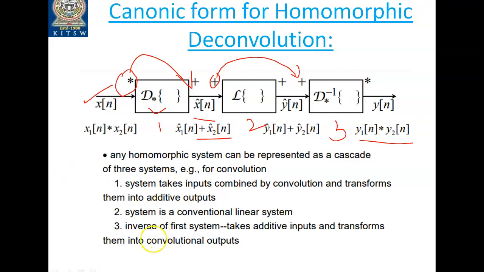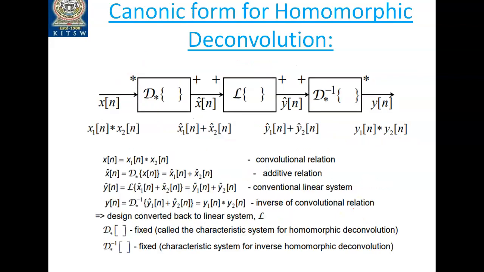The first system takes inputs combined by convolution and transforms them into an additive output, as we have already explained in the sentence formations. The second is a conventional linear system, and the third one is the inverse of the first. When you take an example like that, you will see this is the process carried out with the help of these three systems.